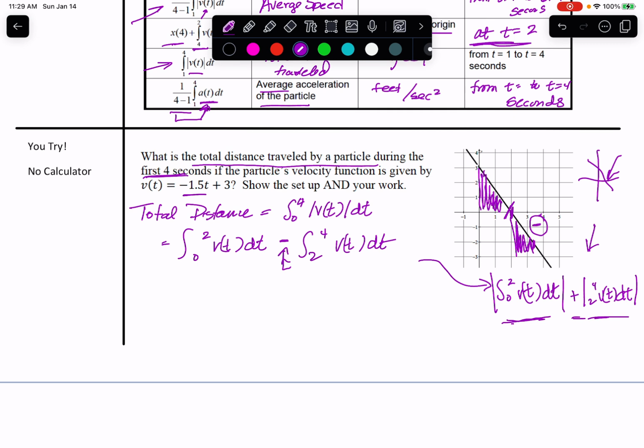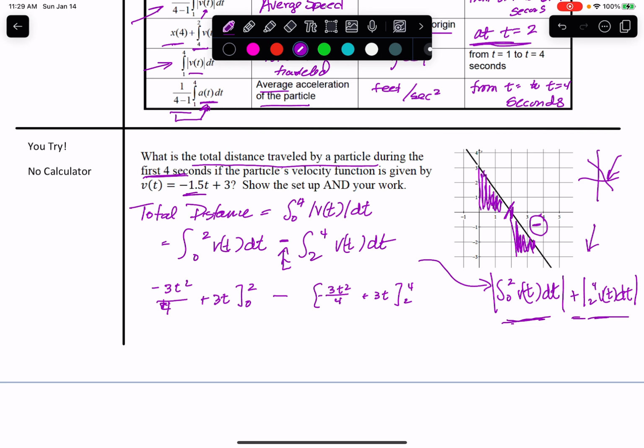This would be negative 3t squared over, let's see, what do we have for our function? Oh yeah, negative 1/2 t, so negative 3/4 t squared plus 3t from 0 to 2 minus negative 3t squared, same thing, over 4 plus 3t from 2 to 4.